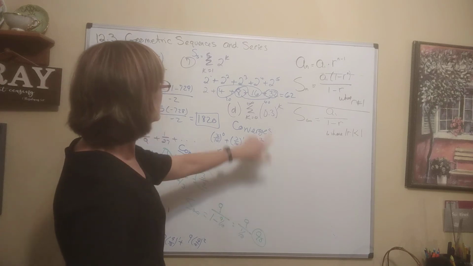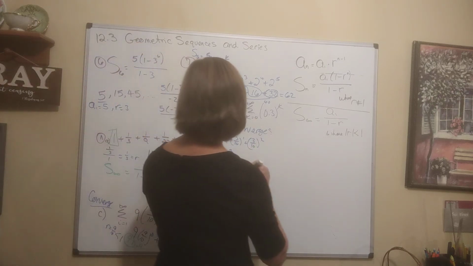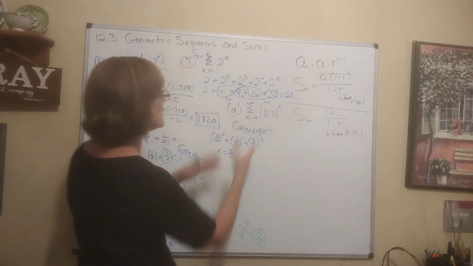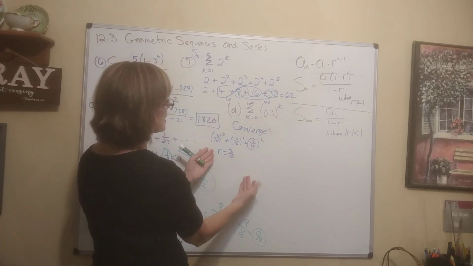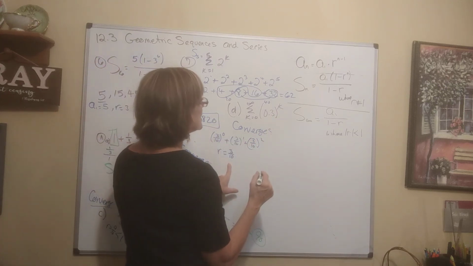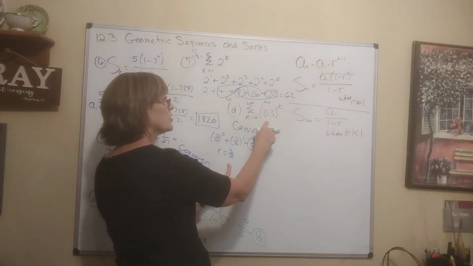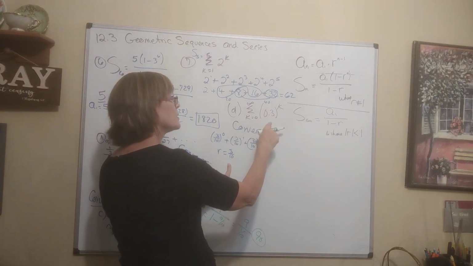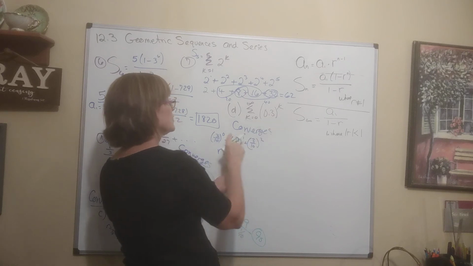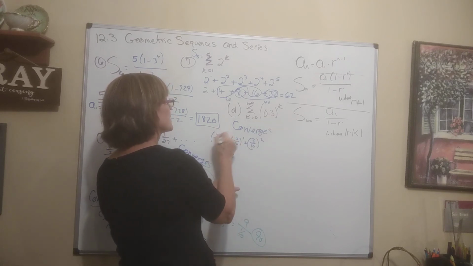All right. D right here, this 3/10 stuff. Okay. r is 3/10. What is a sub 1? Oh, well, a sub 1 is the first term, and the first term is formed by taking 0.3 and raising it to the 0 power. Again, this is going to be 1.